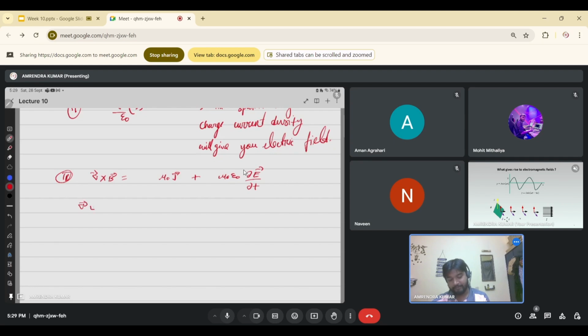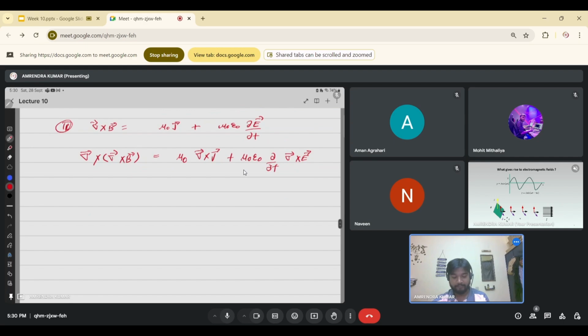We take the curl on both sides, so we have del cross del cross B, and that means mu 0 del cross J plus mu 0 epsilon 0 del over del T of del cross E. And del cross del cross B becomes del of del dot B minus del square B vector.